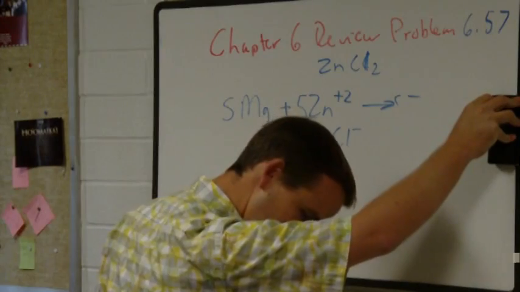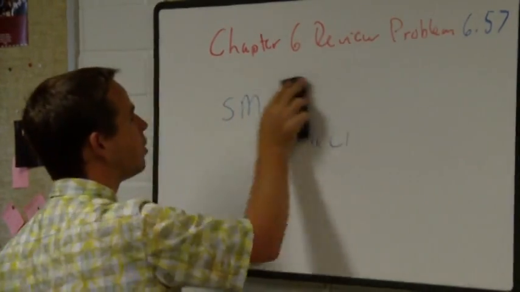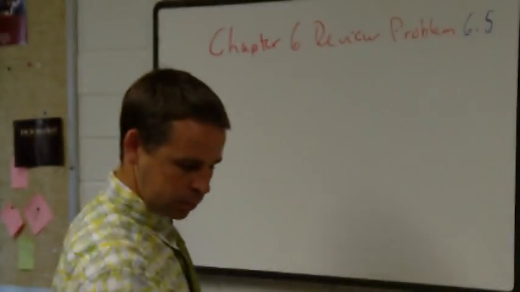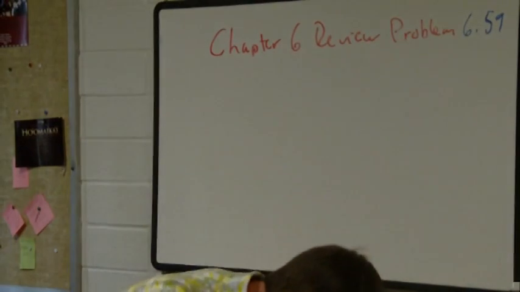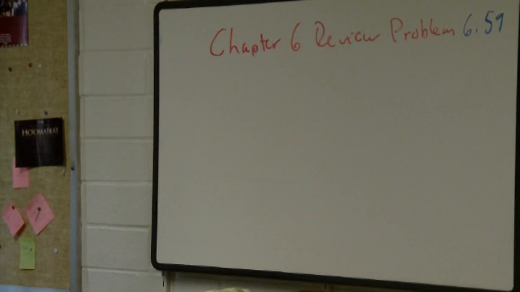659, write the chemical equation for the following reaction. 10 lithiums mixing with water to form lithium ion and hydroxide ion and hydrogen gas.